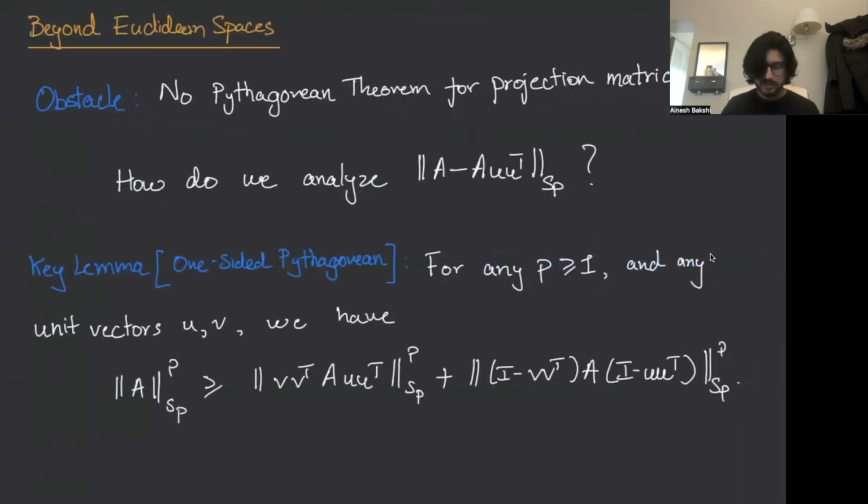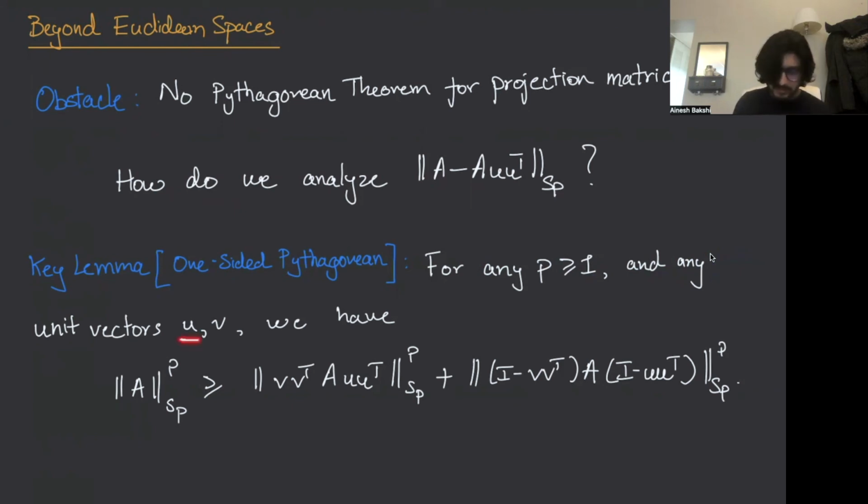So our main technical contribution here is to come up with a generalization of the Pythagorean theorem to the setting where p is any p which is greater than 1. In particular, what we show is a one-sided Pythagorean theorem, and it doesn't really type check with the kind of result that we saw before, but it says the following.